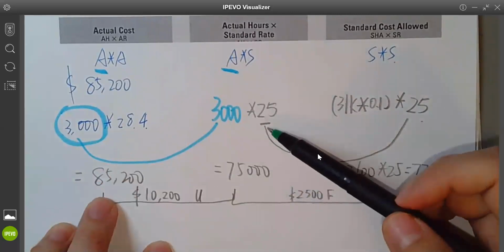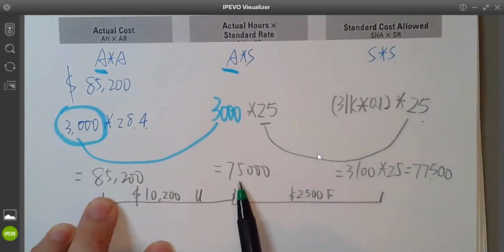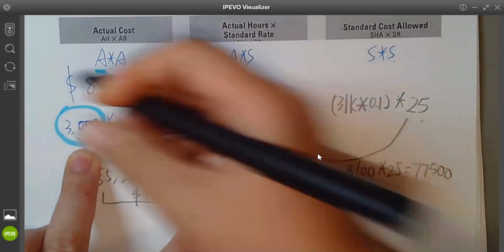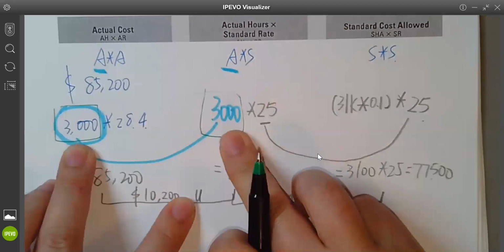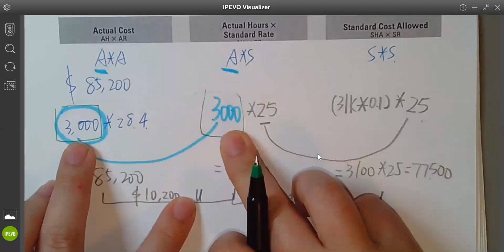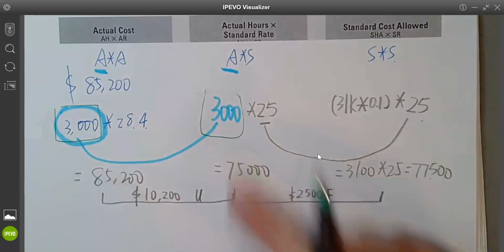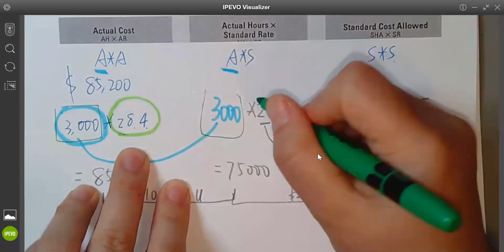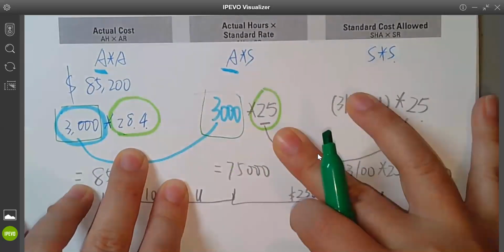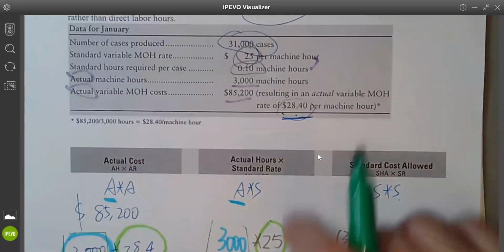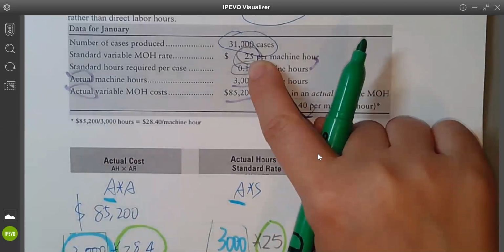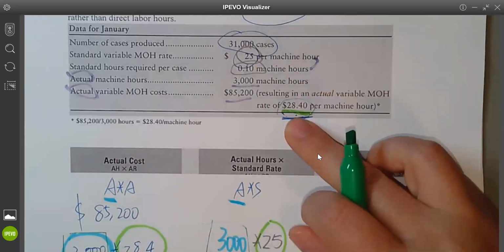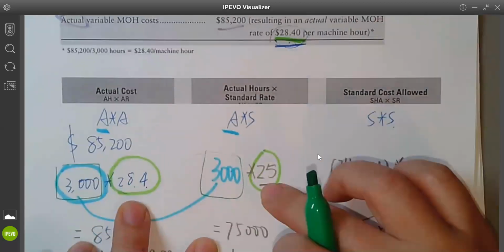Look at the numbers. Why is there a difference of 10,200? How do we get this? Is it because of the amount? No, we both used 3,000 actual machine hours. So why is there variance? Because based on the standard, our allocation rate is $25, but your actual rate is $28.4.